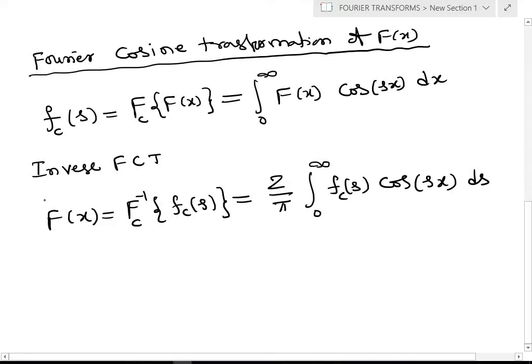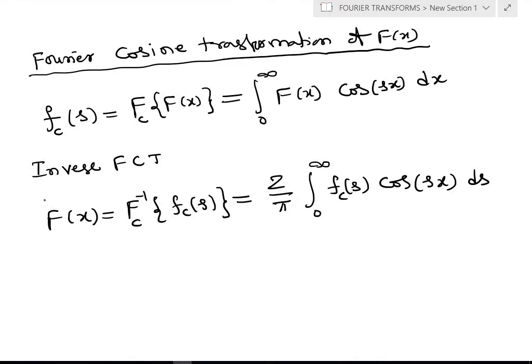Now we will take some examples to understand what the Fourier sine transformation and the Fourier cosine transformation are. Once you take the examples, then only you can understand very clearly. At least two examples we will take.